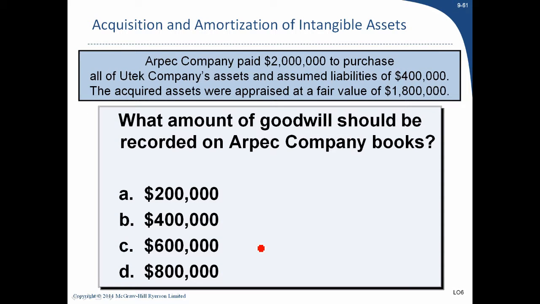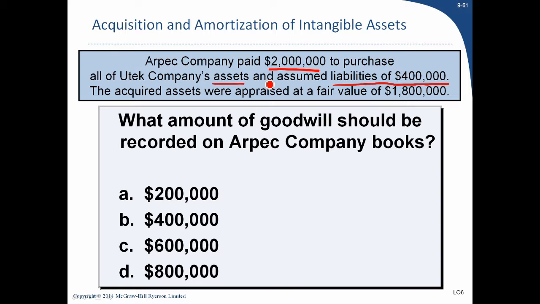So here's an example. RPEC company paid $2 million to purchase all of the assets, and we assumed liabilities of 400 grand. How much should we have paid for this business?